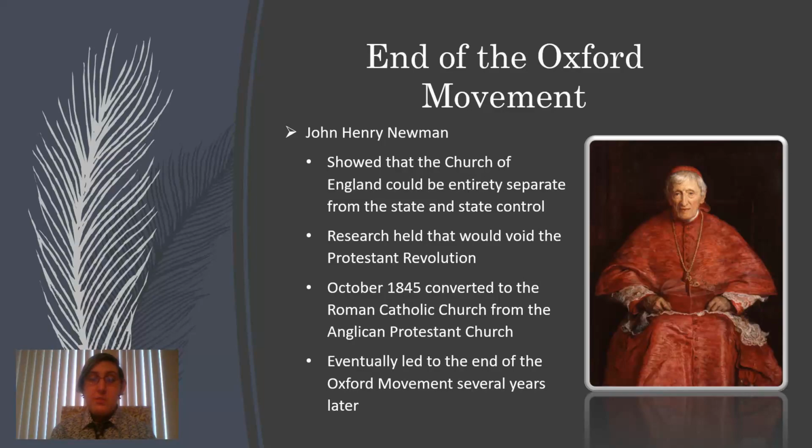Along with that, he had shown that the Church of England could be entirely separate from the state and state control, which would mean that the monarchy and currently Queen Victoria would no longer be the head of the church. The church would be completely separate from political state control.